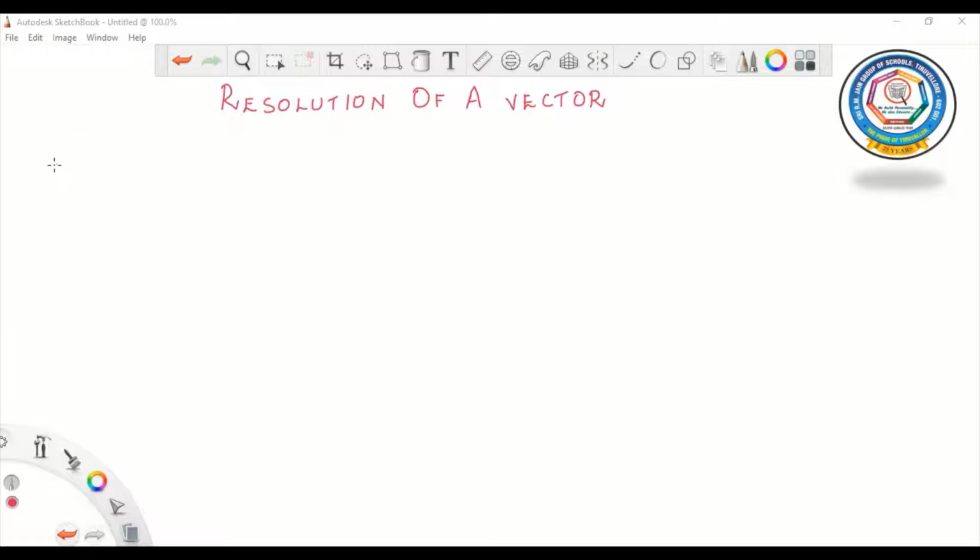So here we are going to do resolution of a vector along two given directions.